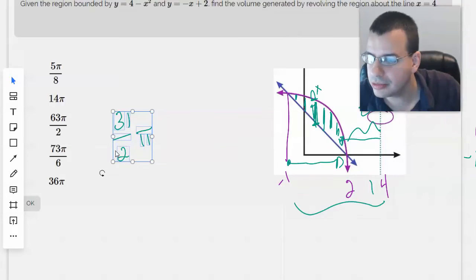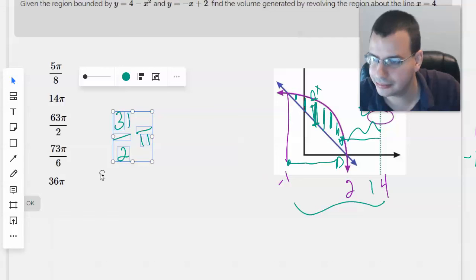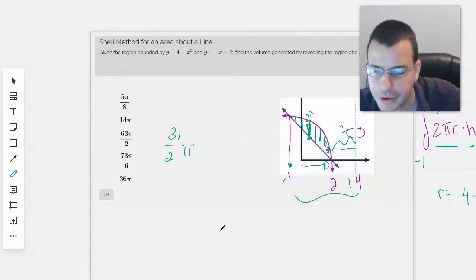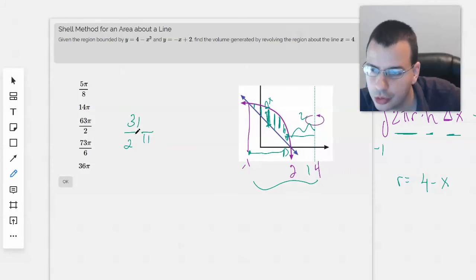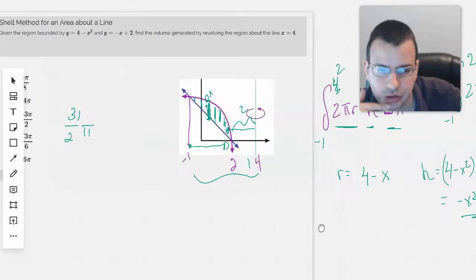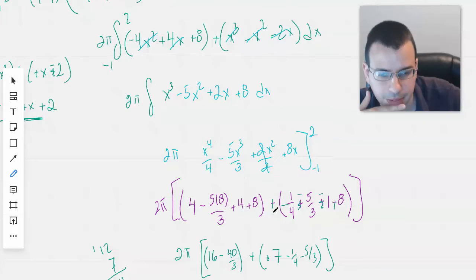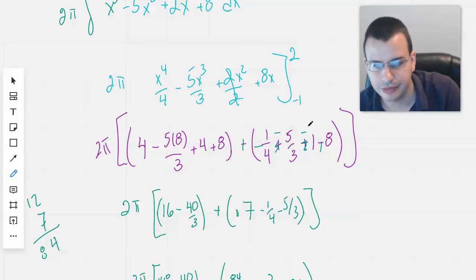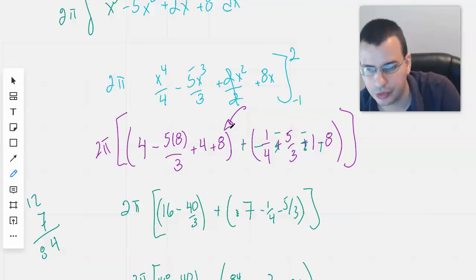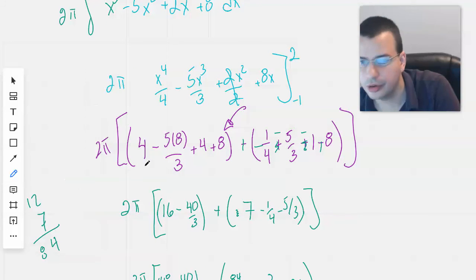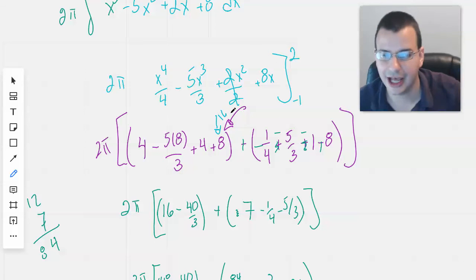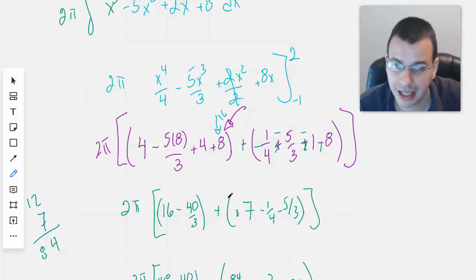Oh, looks like we messed up something somewhere. Okay. So 31 pi over 2. So looking back over my math, I think right here is where I made the mistake. So 8 times 2 is 16, not 8.